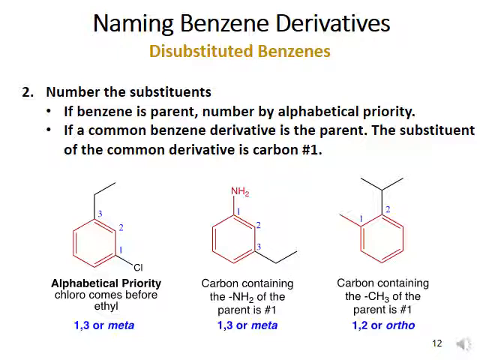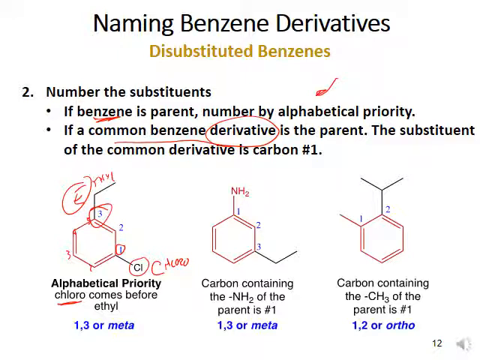After you get that parent, then you number the substituents. Now, if benzene is the parent as opposed to the common derivative, you number by alphabetical priority. In other words, chlorine is C, and this is an ethyl, which is E. So you're going to decide that the chloro gets to be number 1, and you certainly wouldn't go 1, 2, 3, 4, 5, because you want to keep the numbering the smallest.